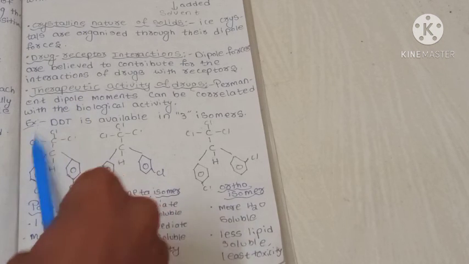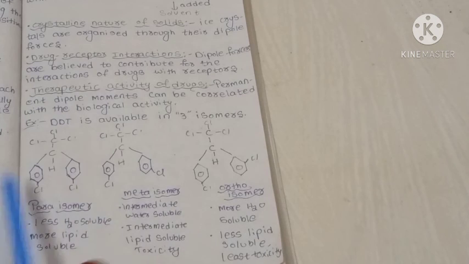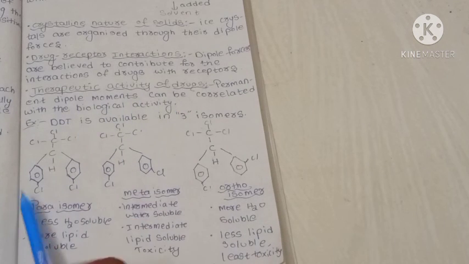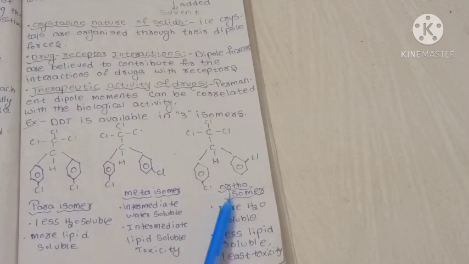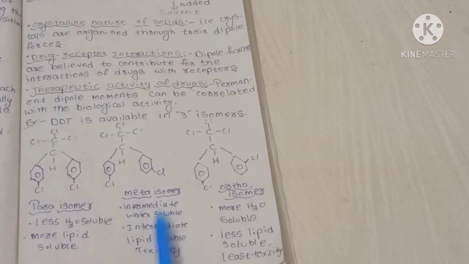How? DDT is available in three isomers. Here you can see the three isomers. Due to dipole moments, the biological activity changes. Here you can see the para isomer, meta isomer, and ortho isomer. The para isomer is less soluble in water and more soluble in lipid, whereas the meta isomer is intermediate in water solubility and lipid solubility, and it is toxic.